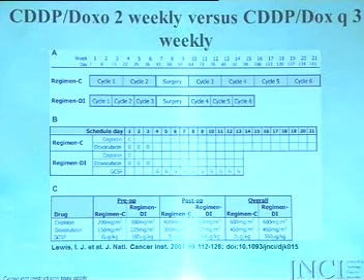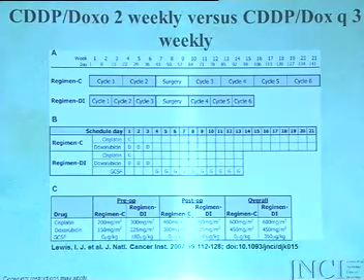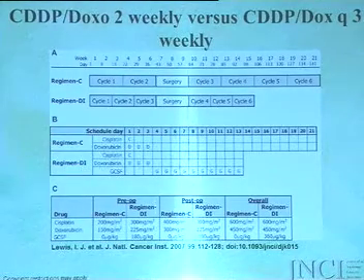The proportion of patients having higher necrosis was more in the group that received chemotherapy every 2 weeks, but there was no difference in the ultimate outcome. And it actually challenged the whole idea that good necrosis is better for predicting survival.